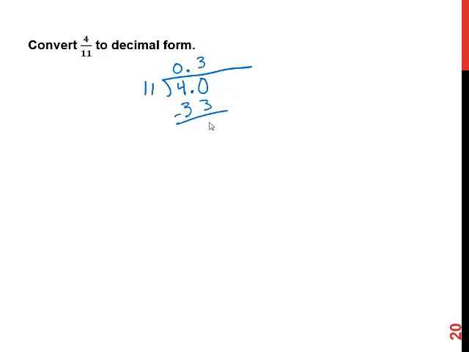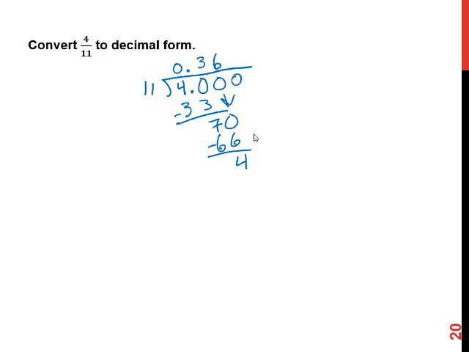And we subtract to get a 7. We need another 0. Bring that down. 11 goes into 70 6 times. 6 times 11 is 66. Subtract, we get 4.